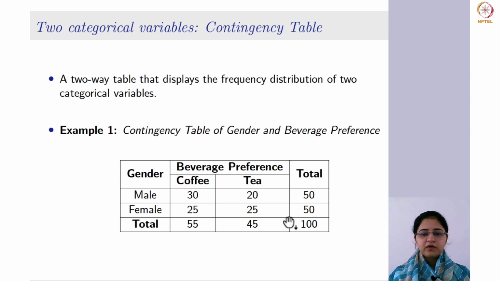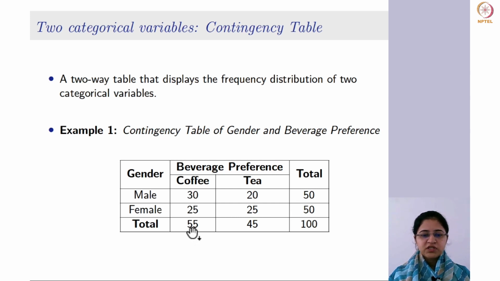So, if you want to interpret this, you can look at this value which is 30. This shows that there are 30 males who prefer coffee, whereas there are only 20 males who prefer tea out of this data set. And the total count, we know that the total number of males is 50 and females are also the same.